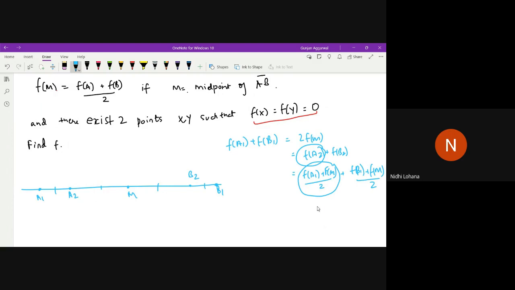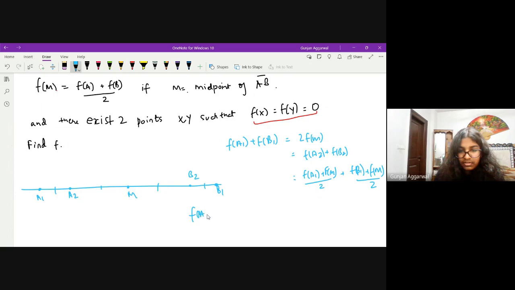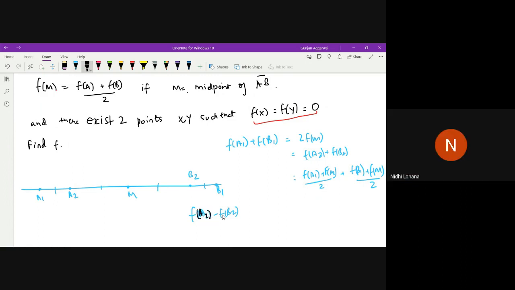So then I subtracted those equations, f of A2 minus f of B2, so that I can remove f of M. So f of A2 minus f of B2 is equal to f of A1 minus f of B1 by 2.